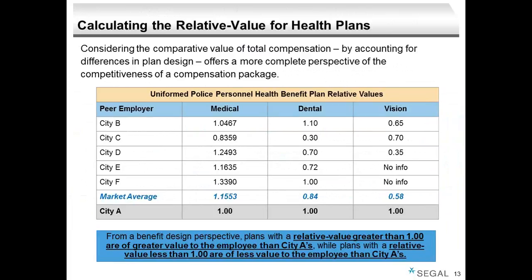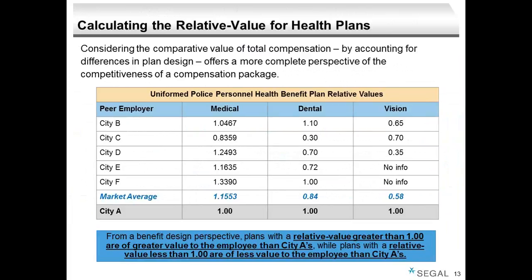And you'll see, again, that we look at these relative values and say, what's the market average relative value for medical? It's about 16% higher than what City A has to offer, but the average for dental is about 16% less, and vision is significantly less.